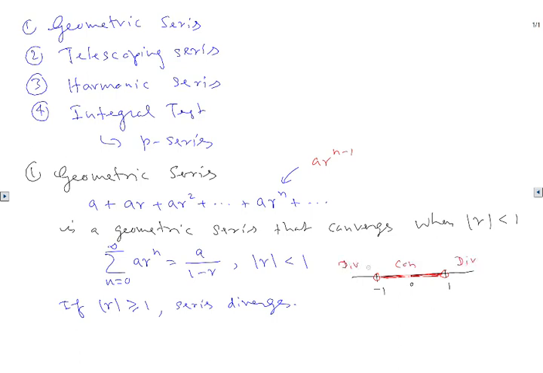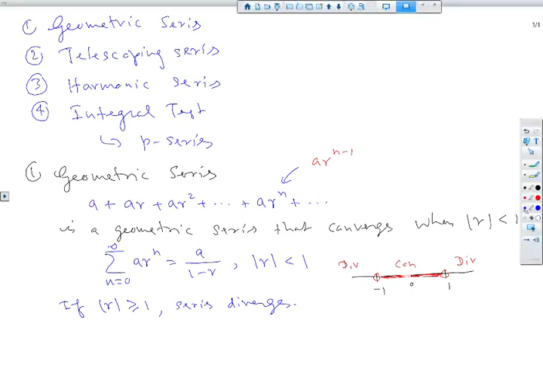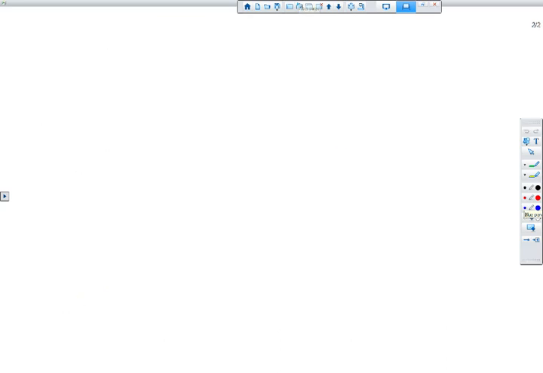Okay, so let's look at some examples. Let's do 2 examples. The first one is sigma with n going from 1 to infinity of 9 times 2 to the n minus 1 over 5 to the n, something like that.